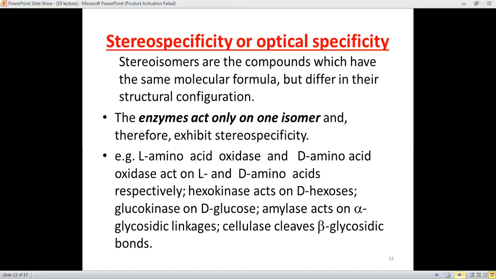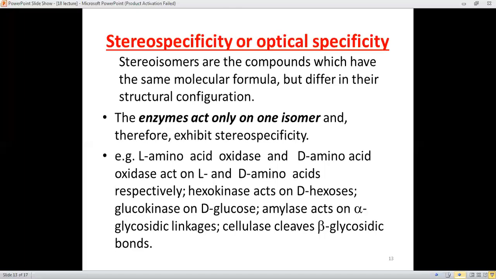It means that the enzyme will sense only one isomer because it depends on the structural conformation. For example, L-amino acid oxidase and D-amino acid oxidase will act on L and D amino acids respectively.